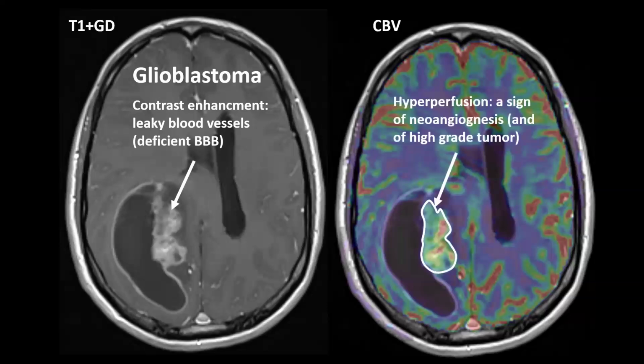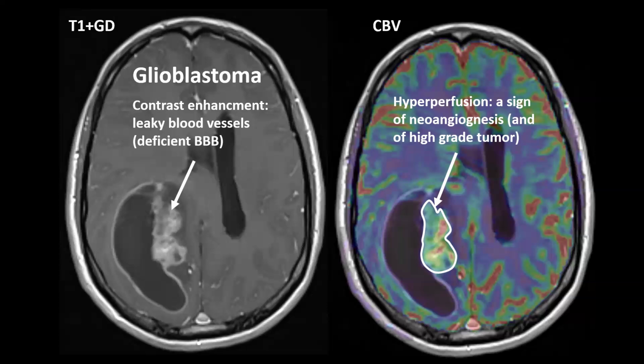We also see, however, hyperperfusion. We see that the colors are, well, it's pretty colorful over there on these MRI perfusion reconstructions. And hyperperfusion, so this is the cerebral blood volume map. So basically we are looking at an increased local blood volume over there. How come?